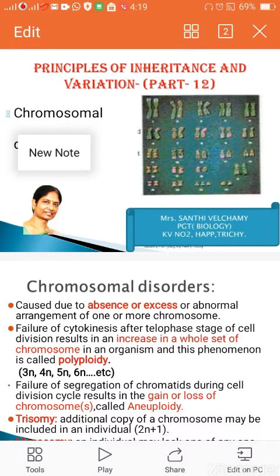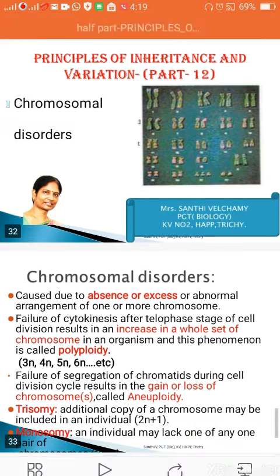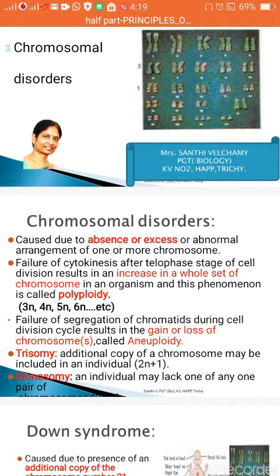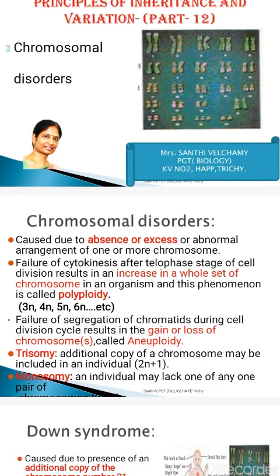Failure of cytokinesis: when there is no cytokinesis after telophase of nuclear division, it results in an increase in the whole set of chromosomes. So when there is an increase in the entire set of chromosomes, it can result in polyploidy. Normally there should be a 2n condition, but here, as there is no cytokinesis, it can be 3n or 4n or 5n, 6n, like that.